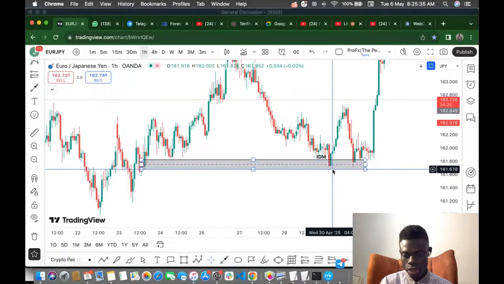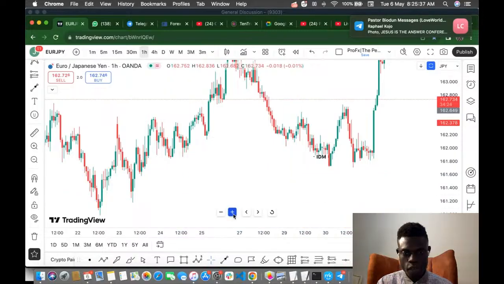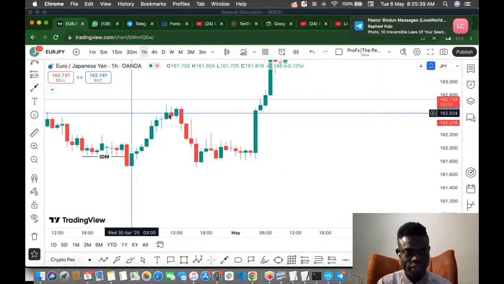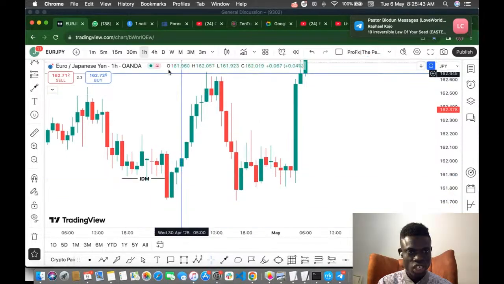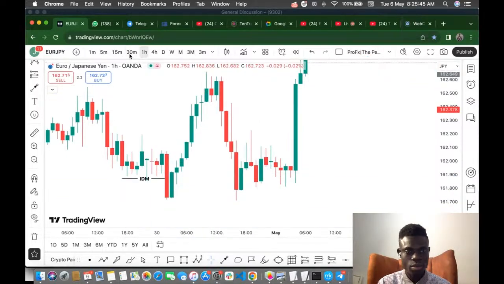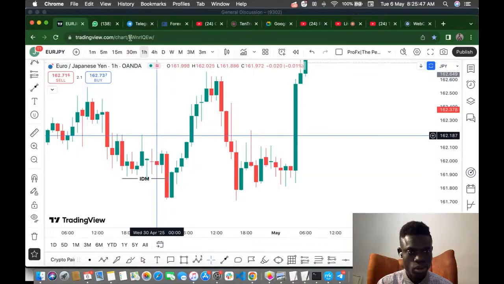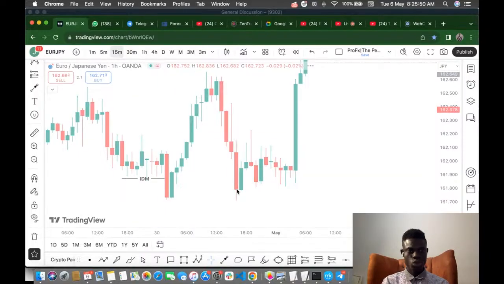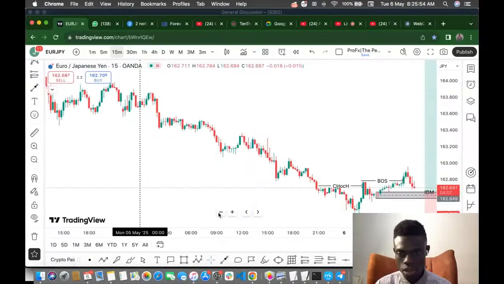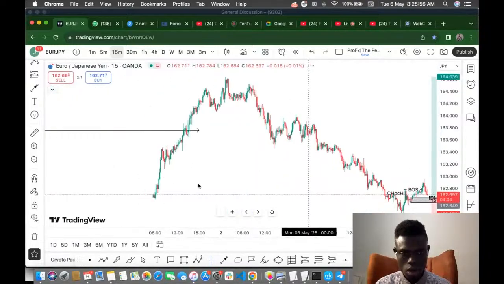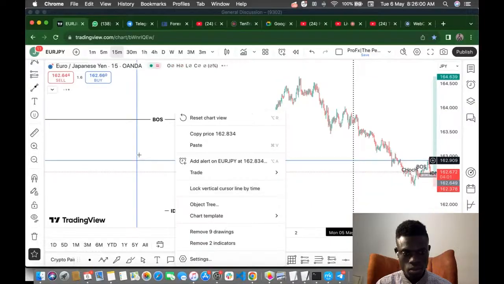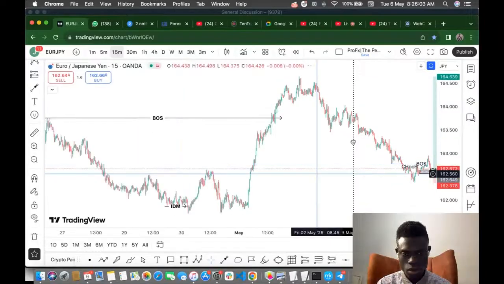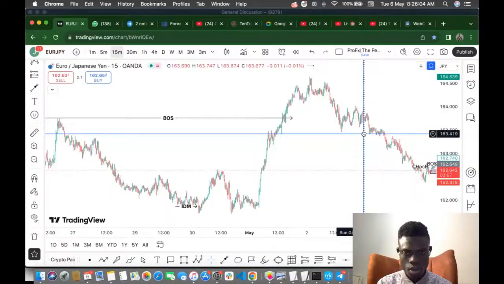So like we are doing here now, if you go to a lower time frame, let's go to 15 minutes, 5 minutes, and see what candlestick pattern they form. So this is 1 hour. Let's see if 15 minutes will give us something. Okay, good. Confirm.